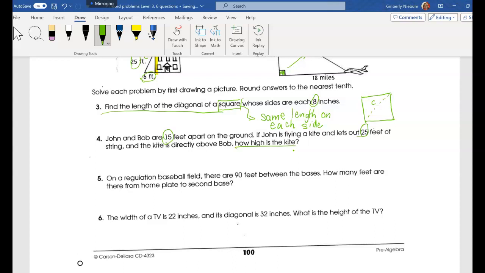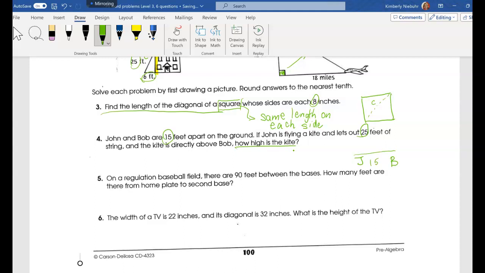So we have John and we have Bob, and they're 15 feet apart, and they're on the ground.